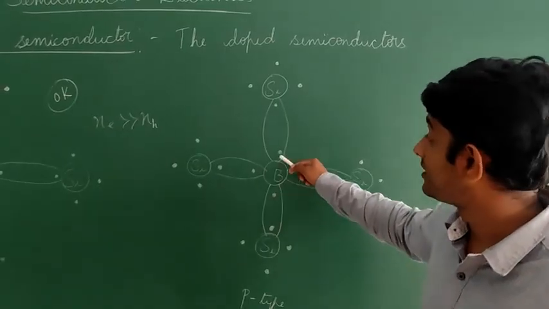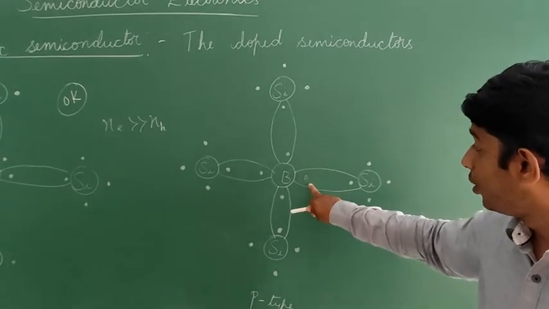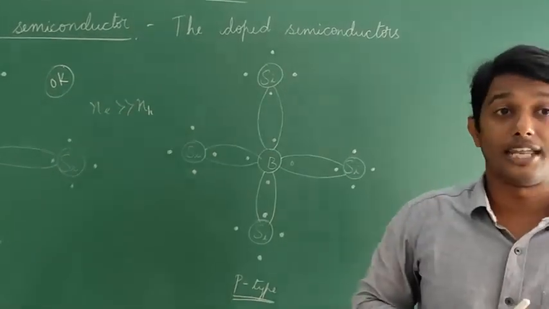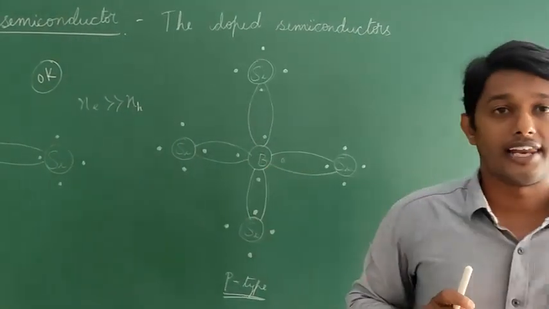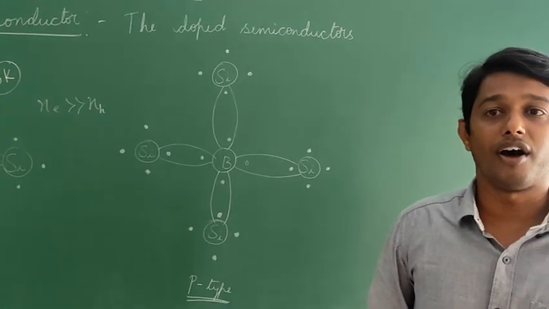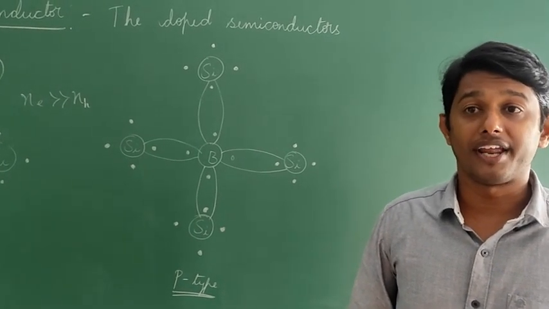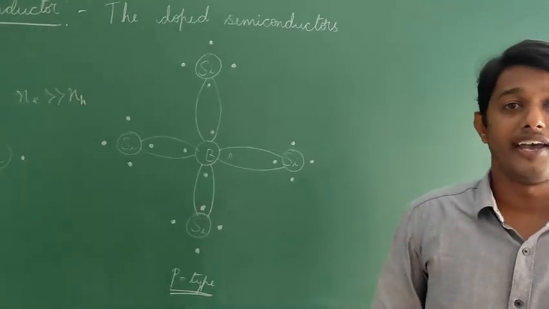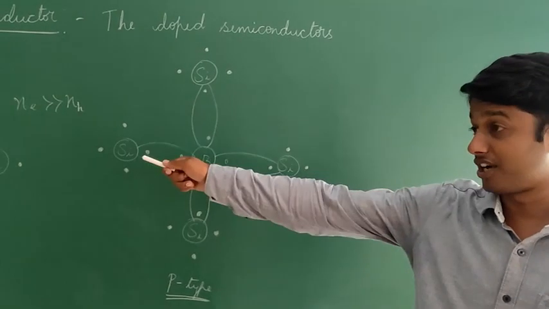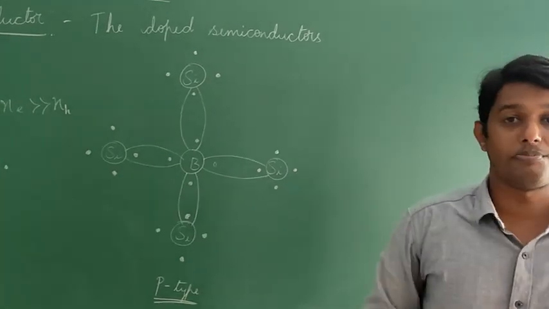Thus, every trivalent impurity atom donates 1 hole for conduction. Hence, the trivalent impurity atom is called acceptor impurity. There it was donor impurity; here it is an acceptor impurity.